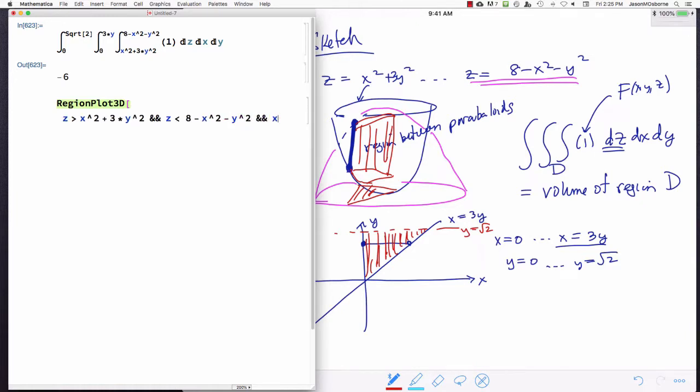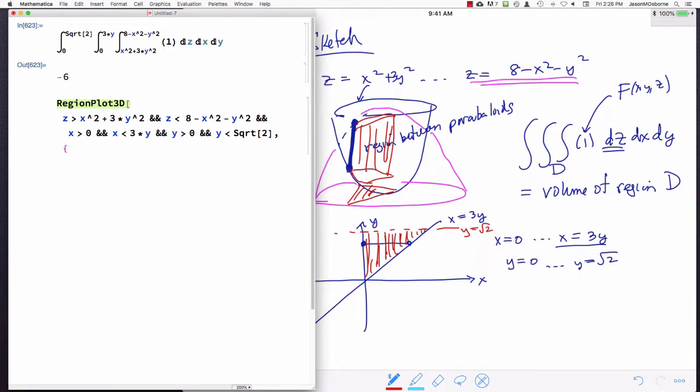And x has to be bigger than 0 and less than 3 times y, and y has to be bigger than 0, and y has to be less than the square root of 2.